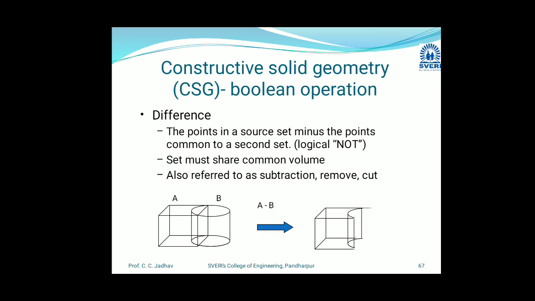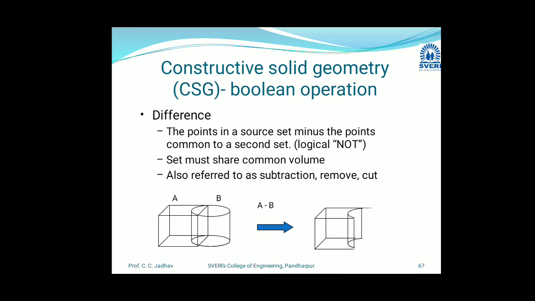Next, subtraction, that is difference. The points in a source set minus the points common to a second set. Of the two objects A and B, whatever is common, we subtract from the other object. The sets must share some common value, they must intersect each other, and then we subtract the other part.